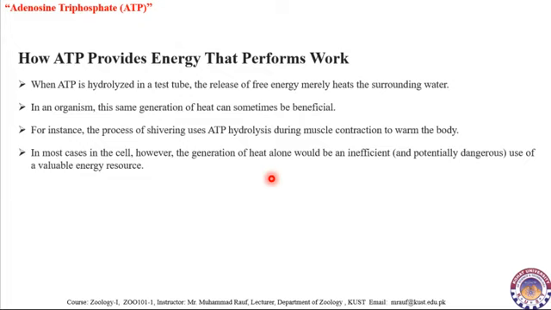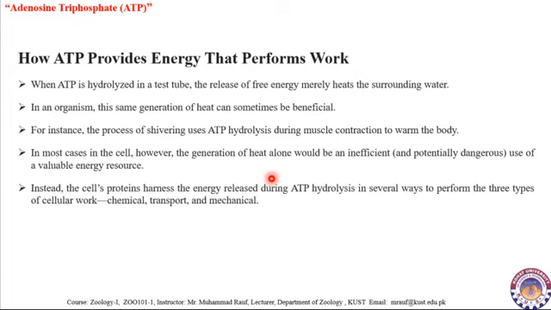And you can put that sentence in a bracket too: heat can only perform work when there is a temperature gradient. So the liberation of energy in the form of heat is actually a waste of energy.